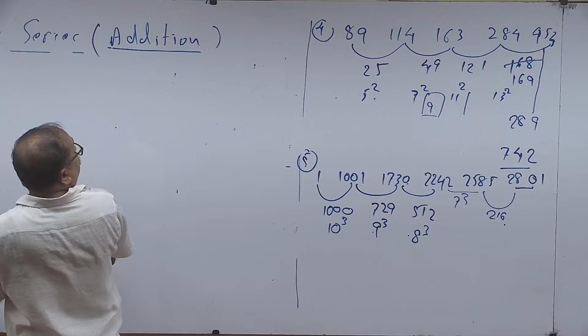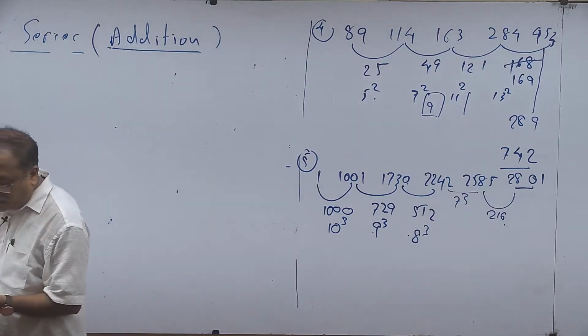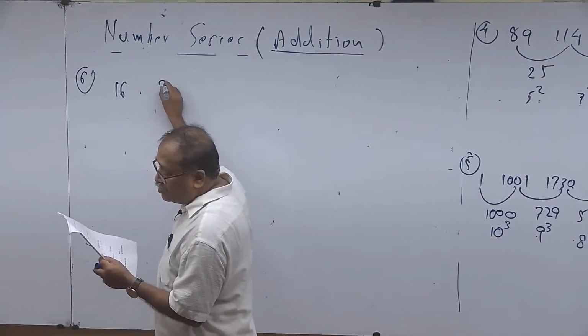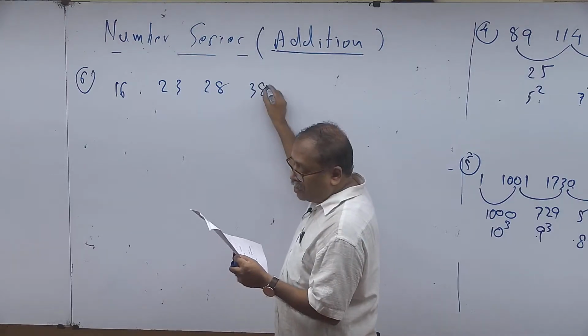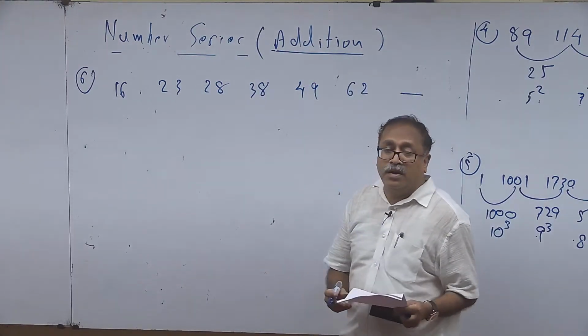Now question number 4, 5, now 6 here. So please write down this number. So this is 16, and here 23, here 28, followed by 38 and 49 and 62 and dash.